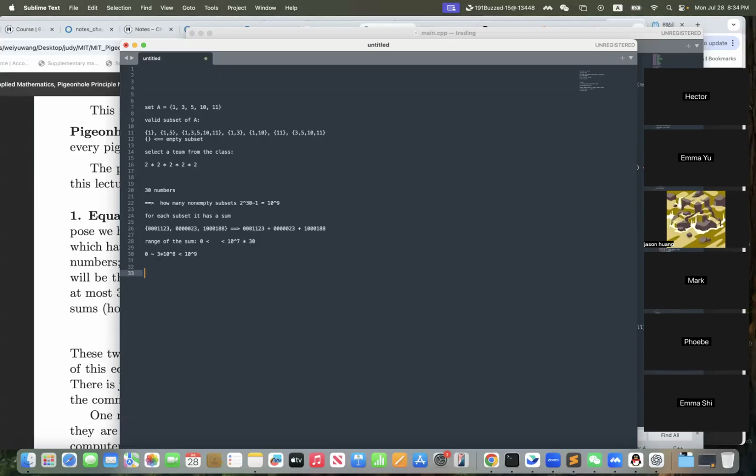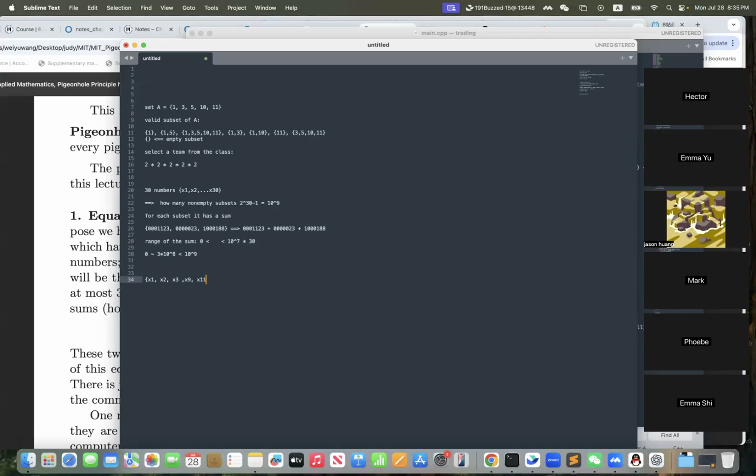So what does it mean by two subsets having the equal sum? Say the original 30 numbers, let them be x1, x2, dot dot dot x30. This is the original 30 numbers. Say one subset is x1, x2, x3, x9 and x11.